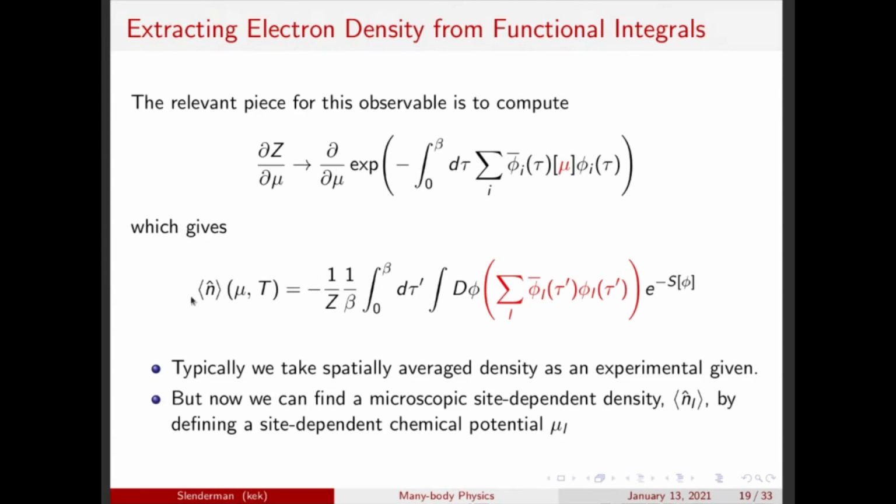So the expectation value of the electron or particle density in the system is going to be equal to this functional integral. The red bit is n, gotten from taking this derivative with respect to mu.